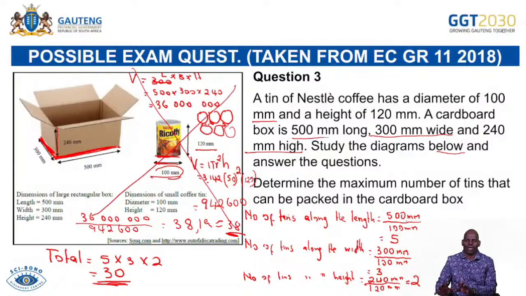Our focus is only on the practical method. I was just trying to show you why the mathematical method is wrong, because it gives us the impression that we can pack more tins, but that is actually not the case.